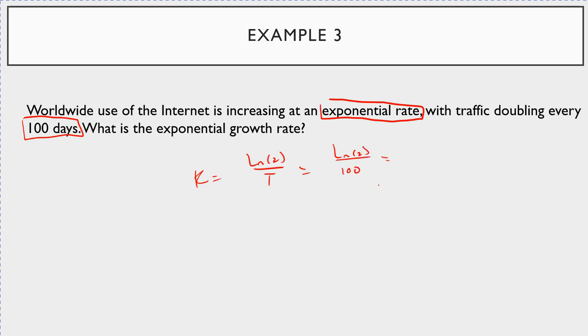And now if you plug this in your calculator, you get 0.006931, which as a percentage is 0.69%, and it was in terms of days. So it's like 0.7% per day is the growth rate of the use of the internet here.